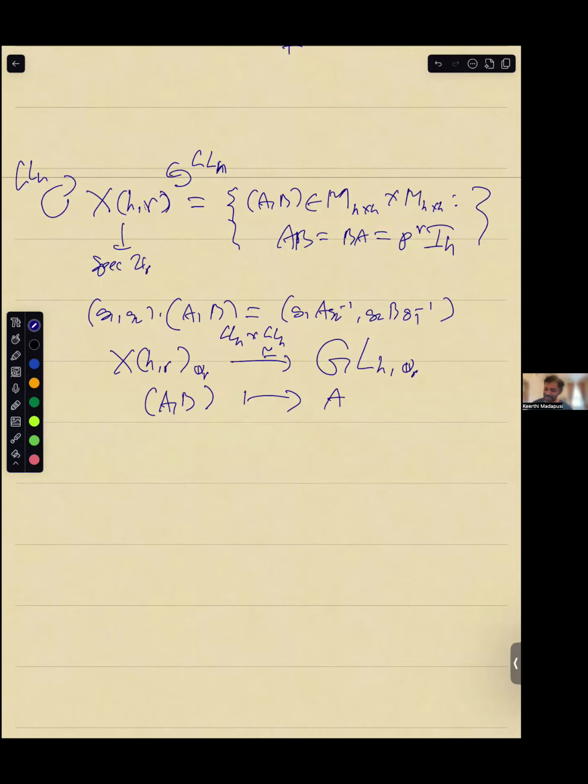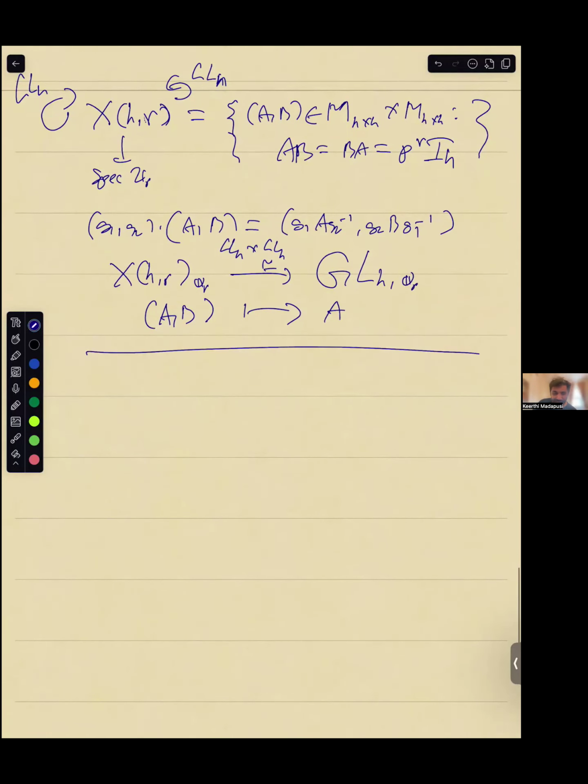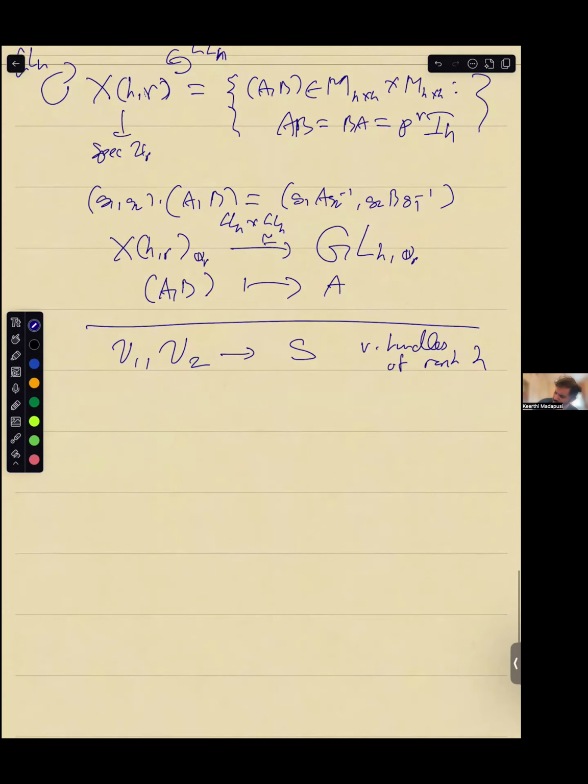Okay, so why did I introduce this? If you have any stack, and suppose I have two vector bundles over it of rank H, then you can think of them as equivalent to giving two GLH torsors.